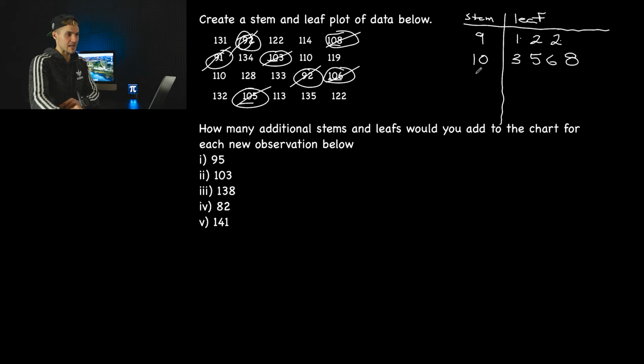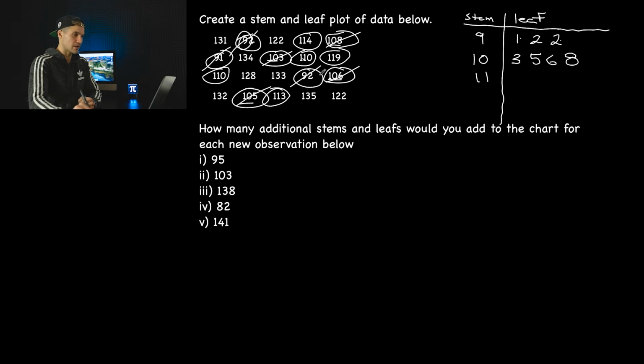What's going to be the next stem? It's going to be 11, right? So here we're looking for numbers from 110, which we have, to 119, because then at 120 the stem is going to be 12. So which of these numbers have a stem of 11? 110, 119, 114, 110 again, 113, and then I think that is it.